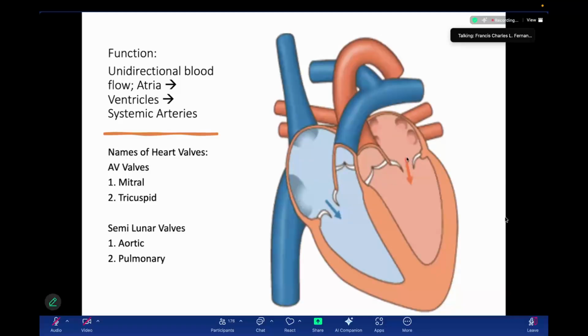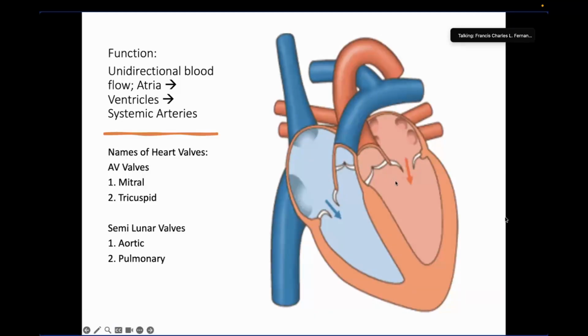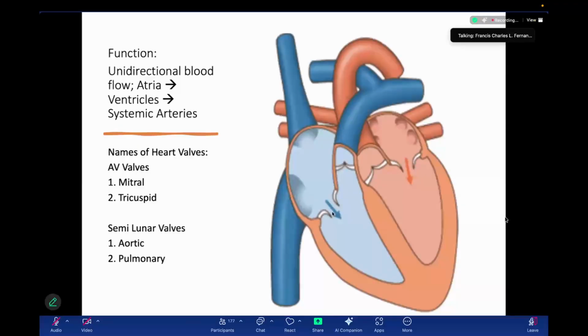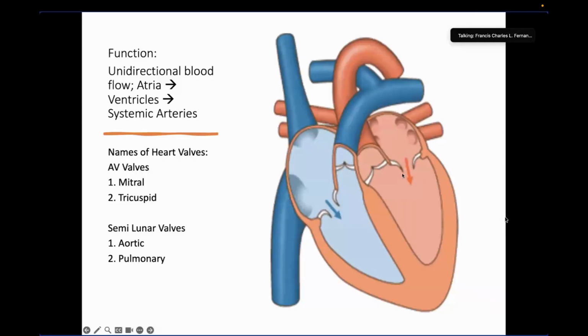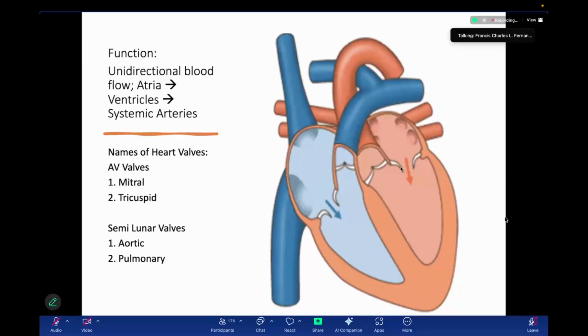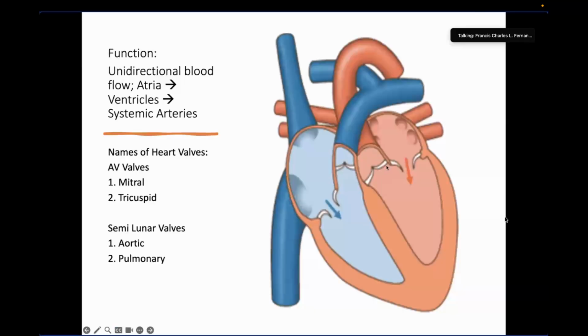So during systole, S1, you have the closure of the mitral and tricuspid valves, that is the M1 and the T1. During systole, the mitral and tricuspid valves are closed and you have ejection of blood.